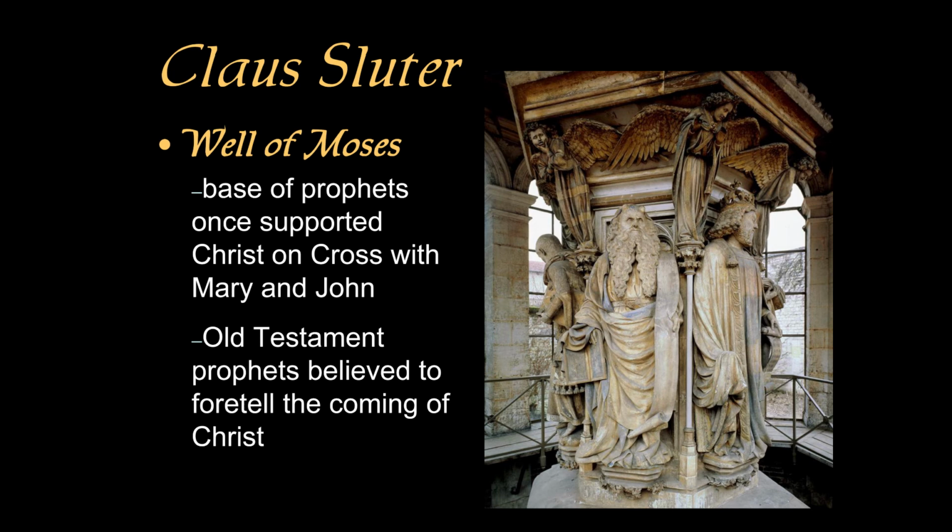Now, why do you have Christ on the cross, essentially rising out of a base of the prophets? Because, as we said, Christian theologians believed that the Old Testament prophets were foretelling the coming of Christ.